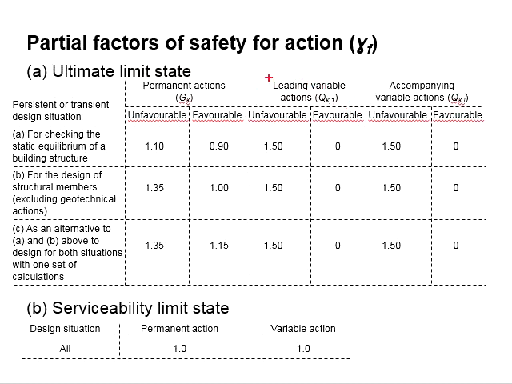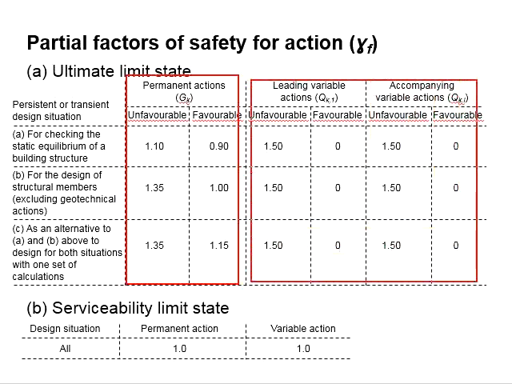Nevertheless, determining the leading variable actions and the accompanying variable actions is still important, as in the later stage of the analysis there will be another factor differentiating the leading variable and the accompanying variable actions, which is not seen here. For the time being, you can simply comprehend that there is one set of partial factors of safety for the permanent actions and another set of partial factors of safety for the variable actions.